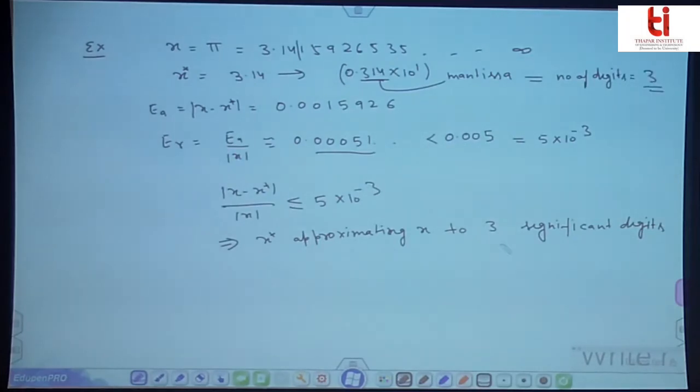So this is verified from here. So x star approximates x to n significant digits whenever the relative error is less than or equal to 5 into 10 raised to power minus n. Here n is 3. Next is arithmetic operation.